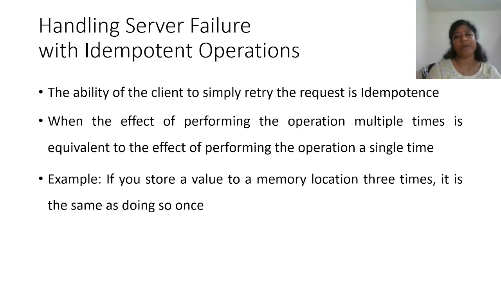Suppose you want to store a particular value to a particular memory location, and you are doing that storing operation thrice. Considering the idempotent operation, it is the same as doing it once.